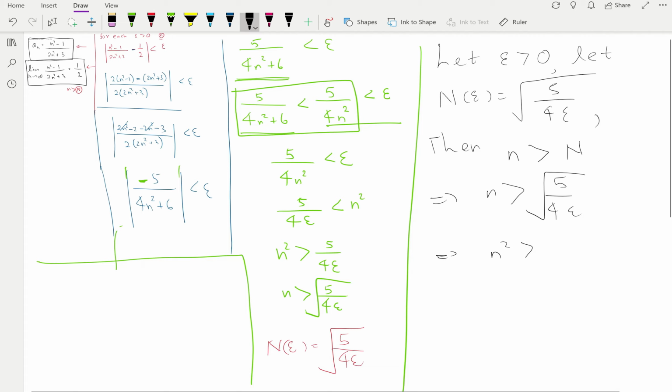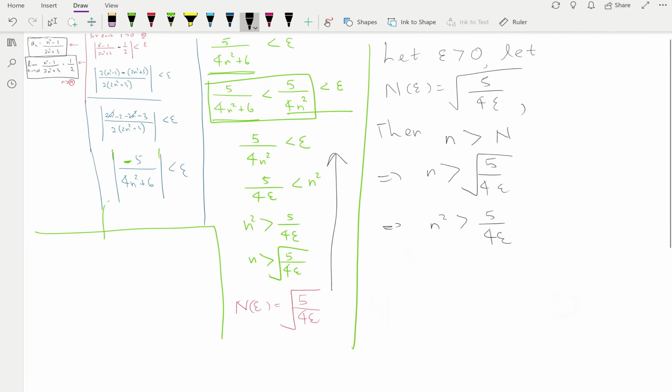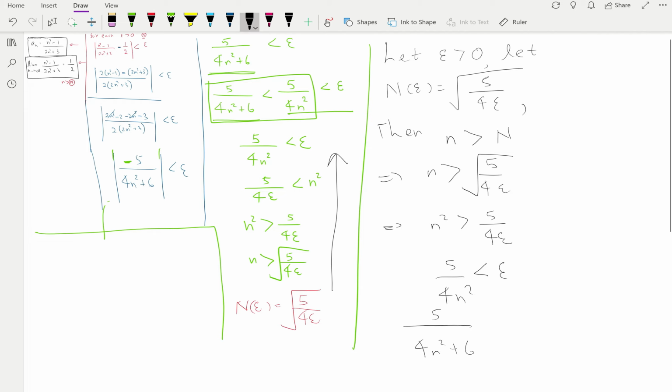So n square is greater than 5 over 4 epsilon. We are basically working backwards from our scratch work. Now from here we can say epsilon is greater than 5 over 4n square, and from here we can say 5 over 4n square plus 6 is less than 5 over 4n square, which is less than epsilon.